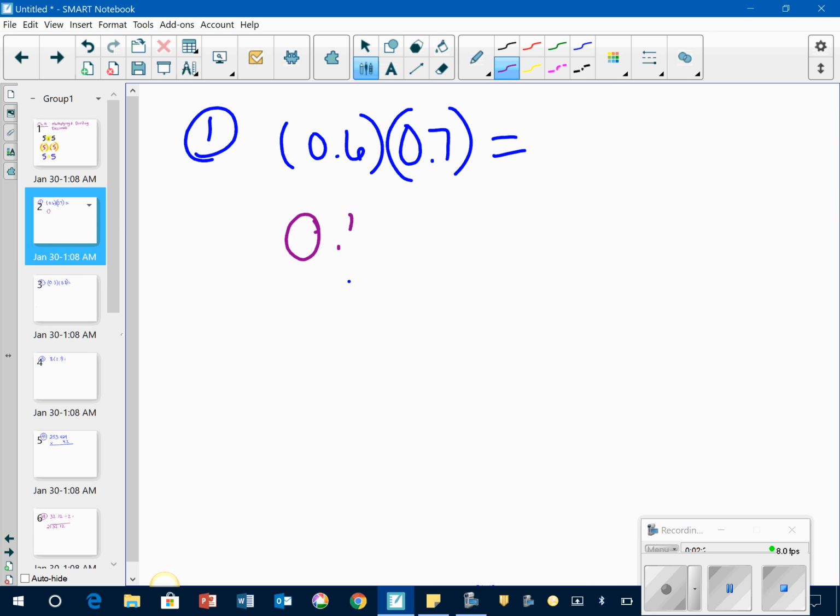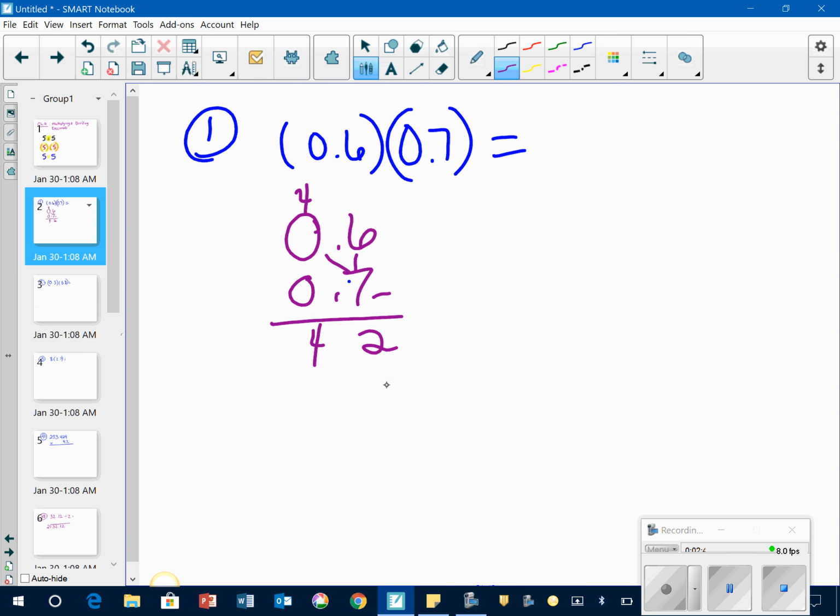So 0.6, 0.7, you line them up, and then you just multiply as if it was a whole number. So 6 times 7 is 42. Carry the 4. And then 7 times 0 would be 0, but then you add the 4.